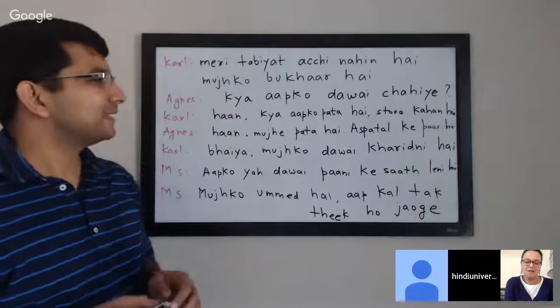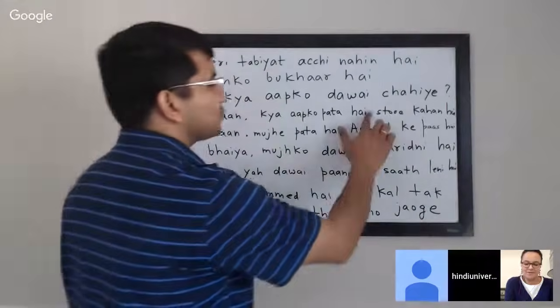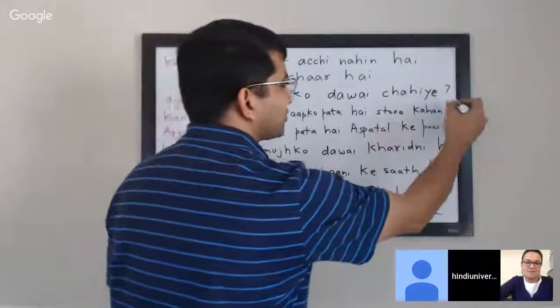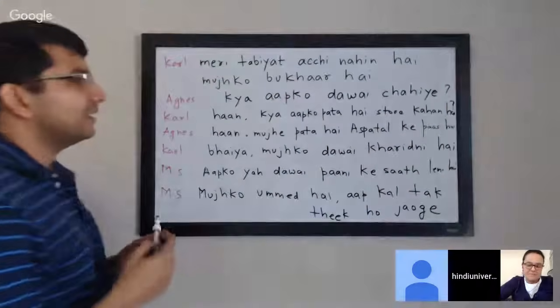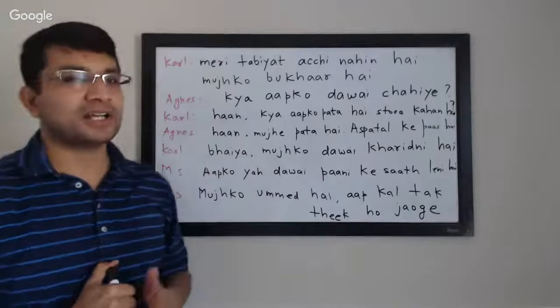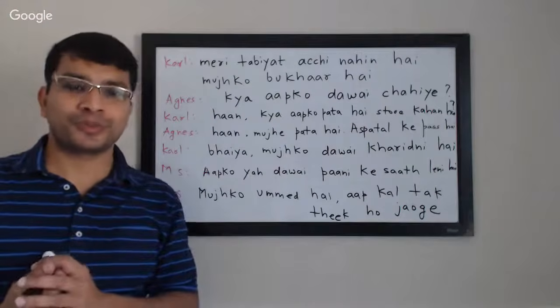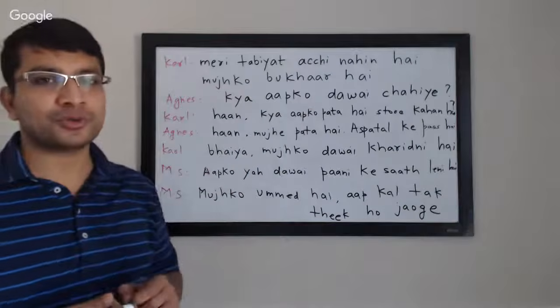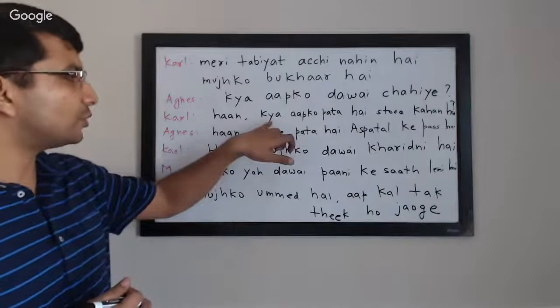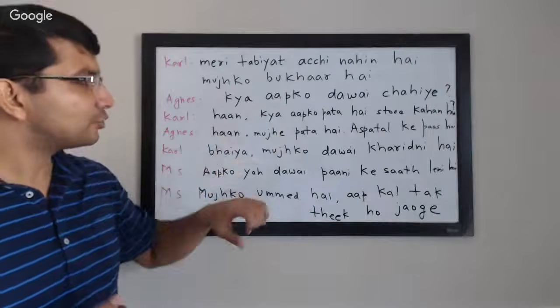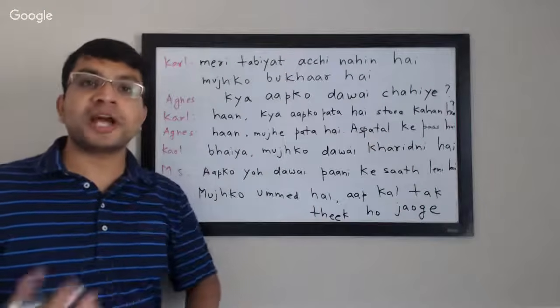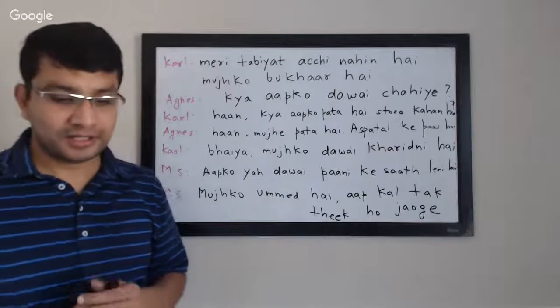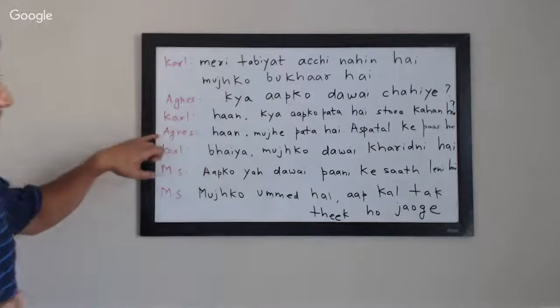So क्या आपको पता है? So this is the question mark again, right? Do you know? Okay. So that's what you're saying. Do you know where the medical store is? Okay. So the reason I emphasize it is so that you can use it in other scenarios as well. क्या आपको पता है? Do you know this? Okay. Right. Keep going.